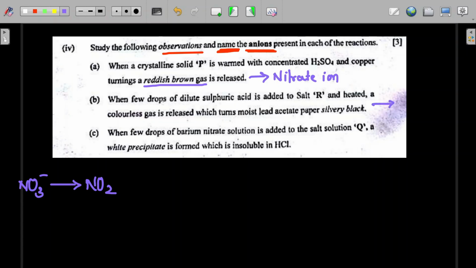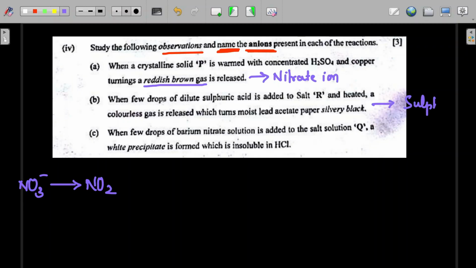Next one. Dhruva, read the next one. When a few drops of dilute sulfuric acid are added to salt R and heated, a colorless gas is released, which turns moist lead acetate silvery black. This is sulfide, right? Sulfide. Very good.